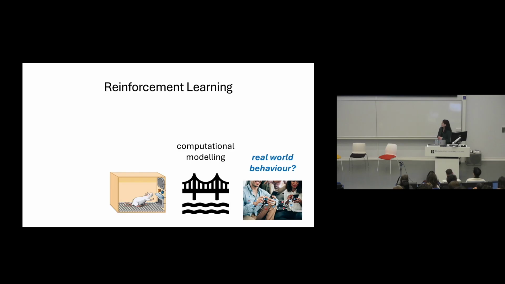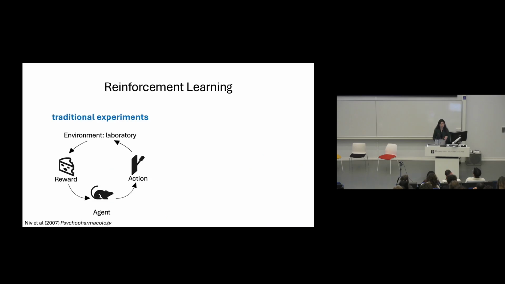So the modeling method that we've used here is called reinforcement learning, which is an algorithm which allows an agent to learn to take actions in their environment which maximize the reward that they can gain. One way in which reinforcement learning has been studied in animals is in traditional lab rat experiments, where a lab rat can learn to press a lever in a laboratory to gain a primary reward, like food.